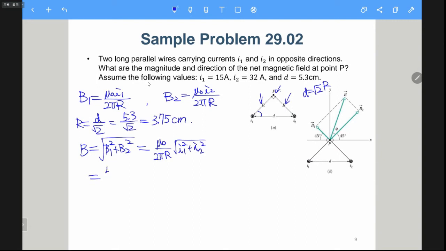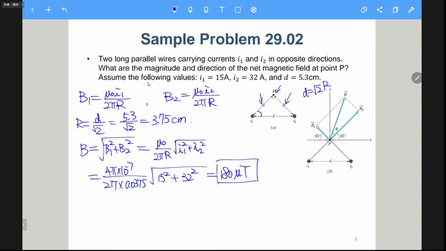Mu naught is 4 pi times 10 to the minus 7 over 2 pi r, which is 0.0375, and then square root of I1 is 15 A, 15 square plus 32 square. So this is 180 micro Tesla. Okay, so this is the magnitude of the magnetic field.